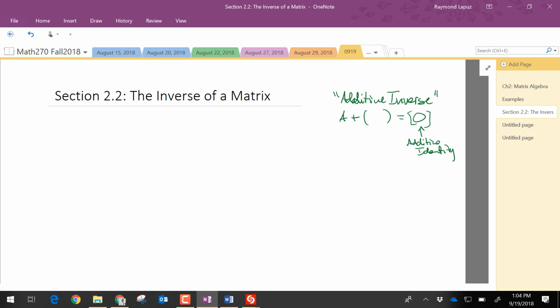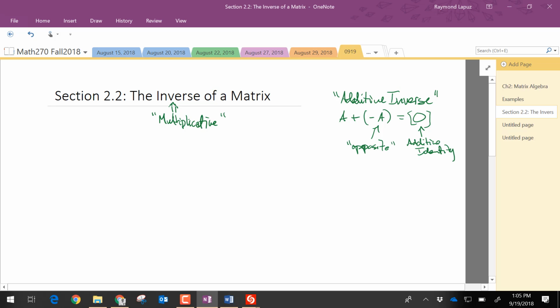And so the additive inverse is what we know of as the opposite. So the inverse is, I think, too general of a name, but when they say inverse here, they actually mean multiplicative inverse.